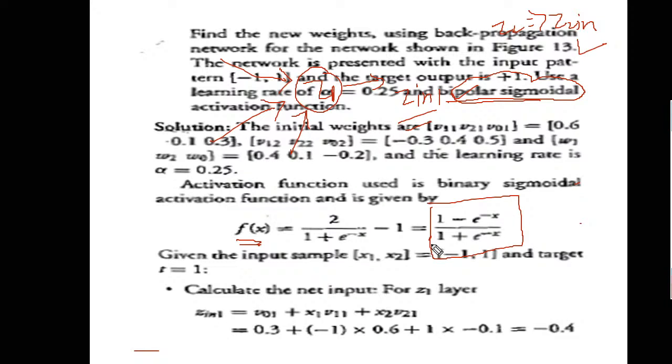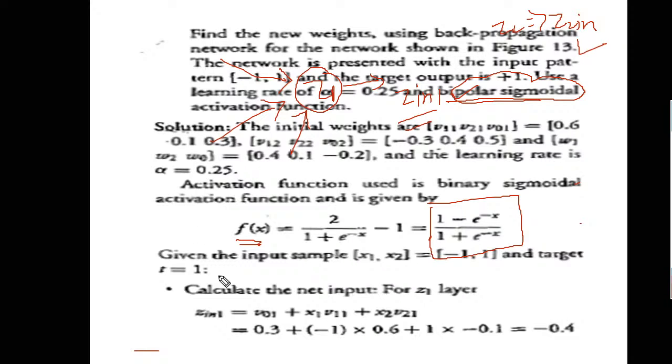You can choose whichever expression you like and solve it. After calculating z_in1 and z_in2, we substitute them in this function in place of x, and then calculate the output of z1 and the output of z2. So this is our task.